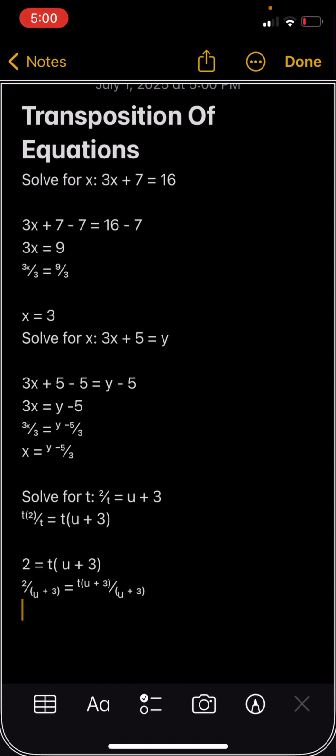And so here, on the right side, u plus 3 is going to disappear, leaving us with this solution here. The solution we have is 2 over u plus 3 is equal to t, or we could turn that around: t is equal to 2 over u plus 3.